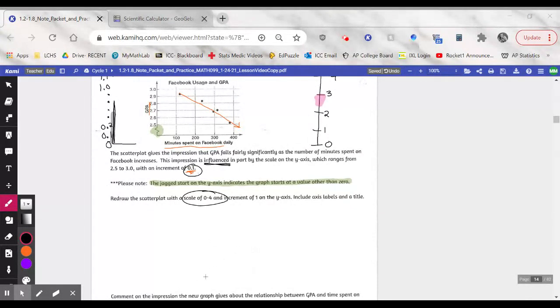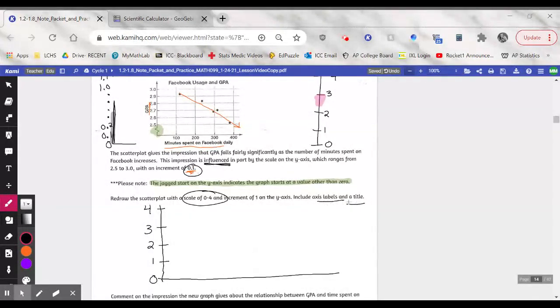Okay, so it says to redraw it, we're going to have our y-axis be between 0 and 4, and it's going to go up by an increment of 1. So let's go ahead and first do that. So we start at 0, we're going to go by 1s. Okay. You want to make sure that you include all of the details here as well.